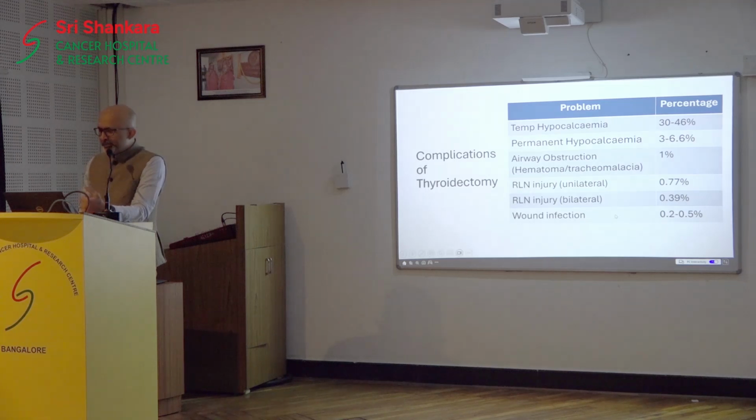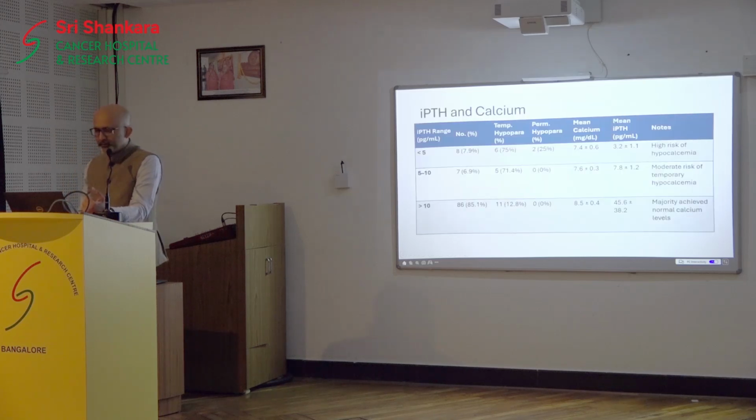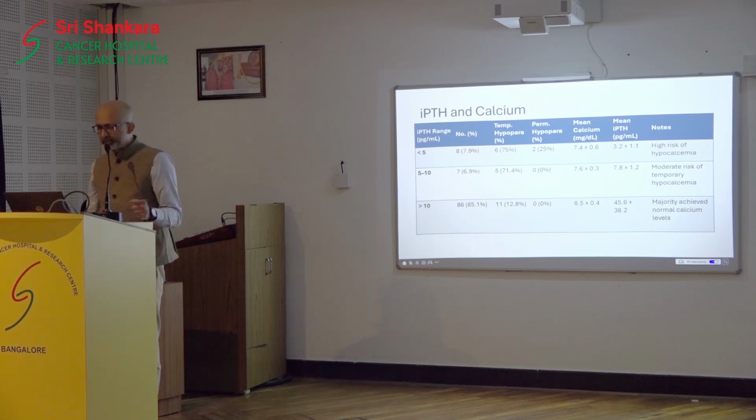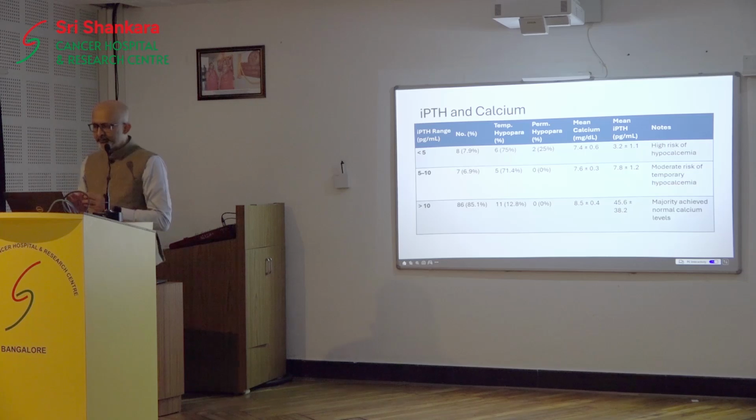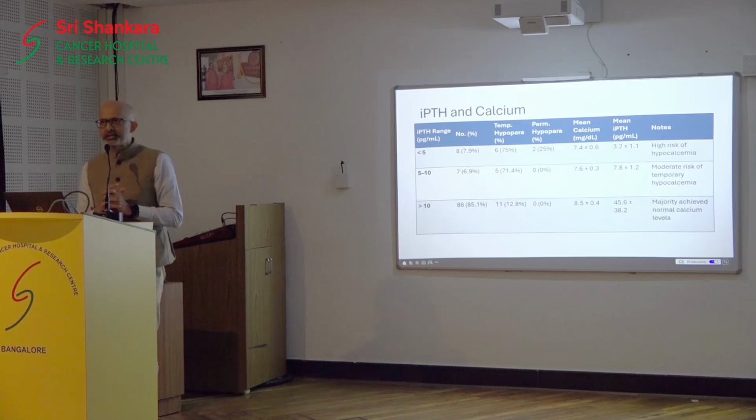Now, coming back to the complications, I have to address the parathyroid related complications. So this is how we classified the parathyroid related hypoparathyroidisms and calcium levels. In our hospital, as an algorithm, this is how we look at it: below 5, 5 to 10, and above 10.